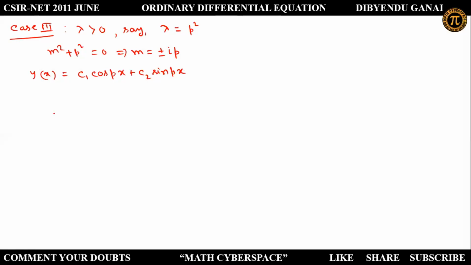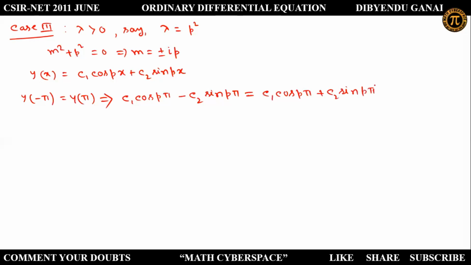Now use the boundary conditions: y(minus pi) equals y(pi). If we use this, we get c1 cos p pi minus c2 sin p pi equals c1 cos p pi plus c2 sin p pi, right?